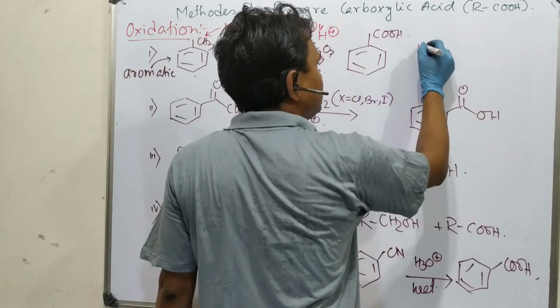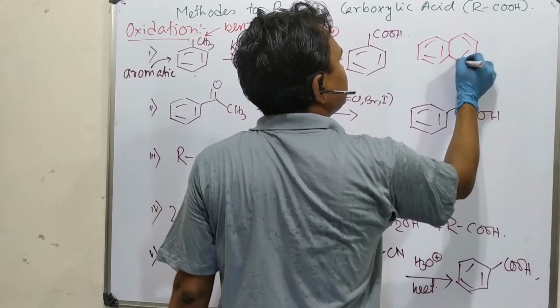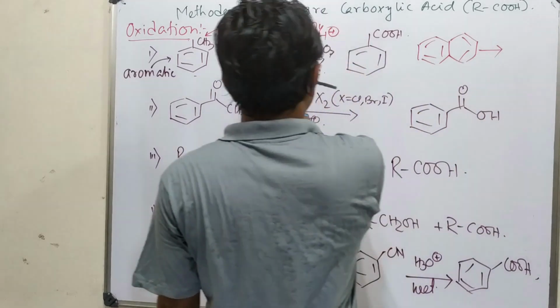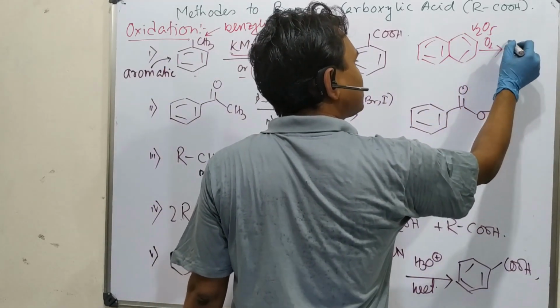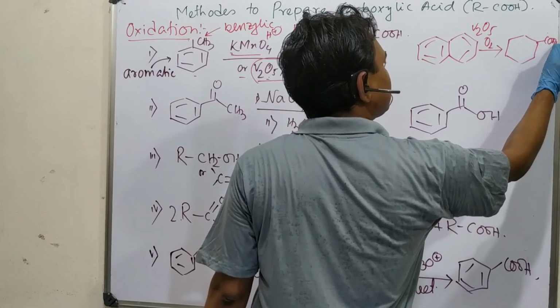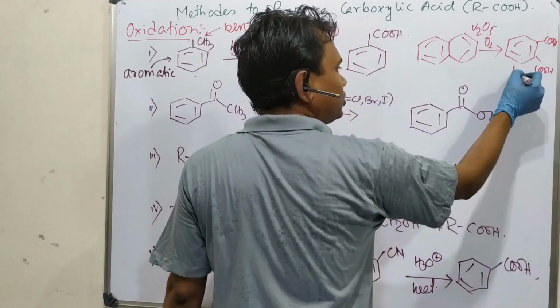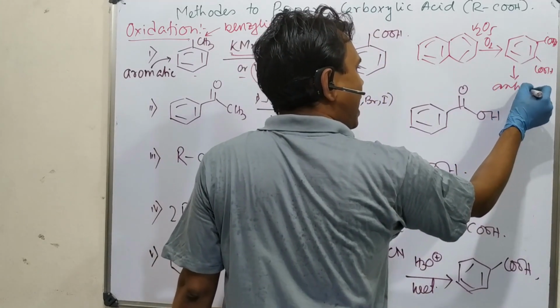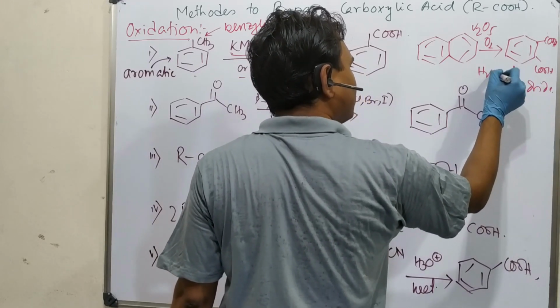Not only that, if you take naphthalene and heat in presence of V2O5 and oxygen, it will result in phthalic acid. Under reaction conditions it will not be the acid, it will be the anhydride, formed by loss of one molecule of water.